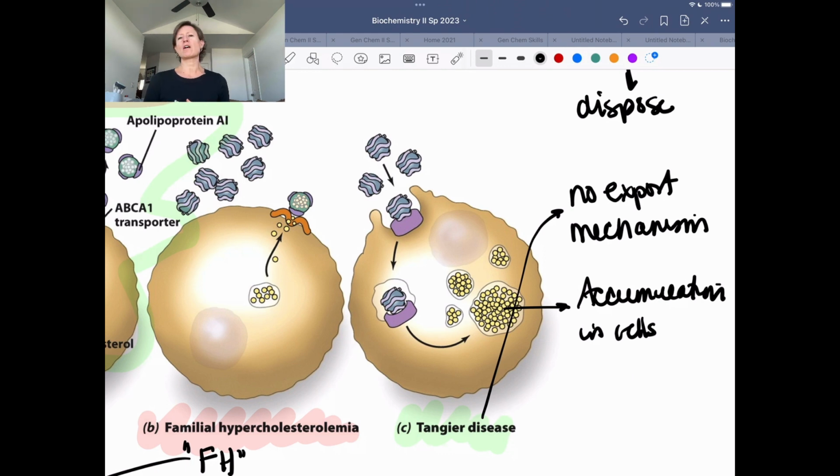Actually, one of the hallmarks, and how it was identified the first time, I think this was in the 1950s, is there was a 5-year-old girl on Tangier's Island, and they noticed that her tonsils were yellow, orangish in color, and that's because they were just full of cholesterol because there was no way to offload it from cells.